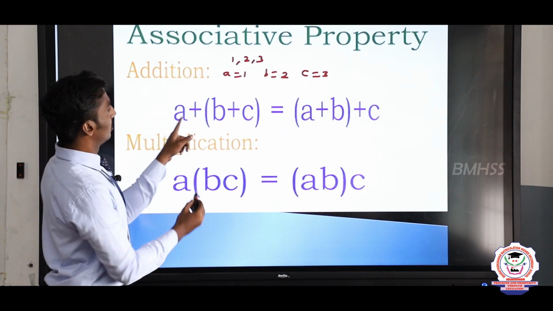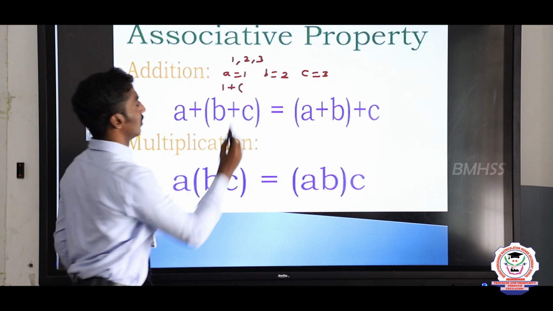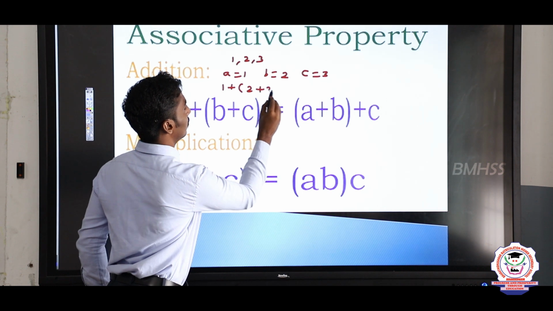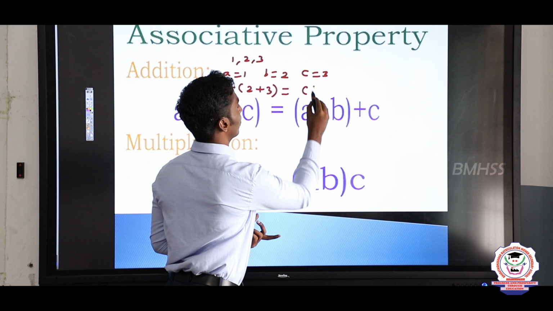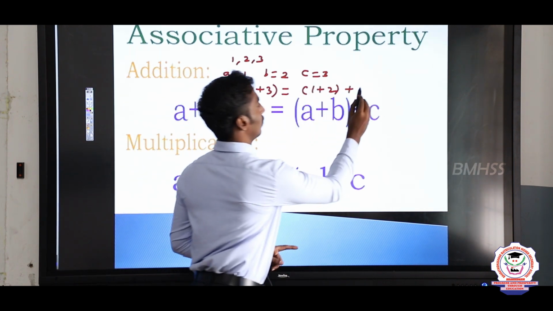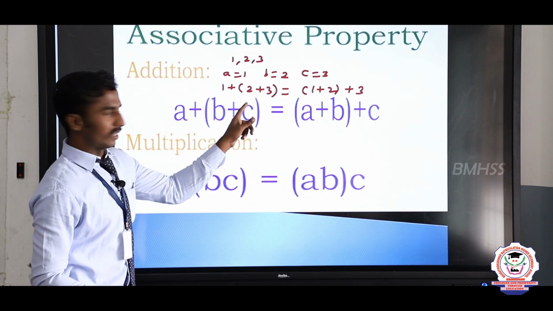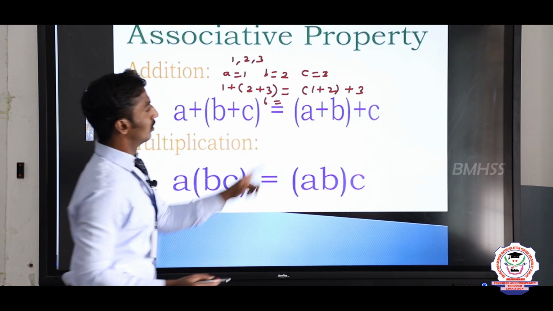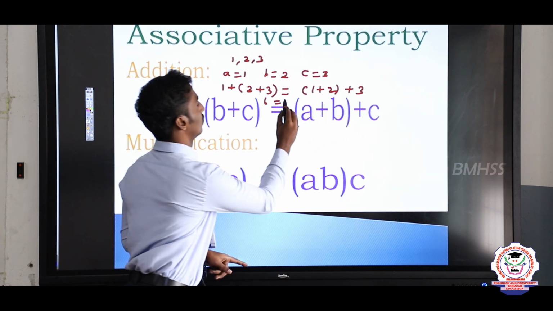Substitute the values. A is 1, B is 2, 2 plus 3 equals 5, 5 plus 1 equals 6. Next, (A plus B) plus C: 1 plus 2 is 3, 3 plus 3 equals 6.